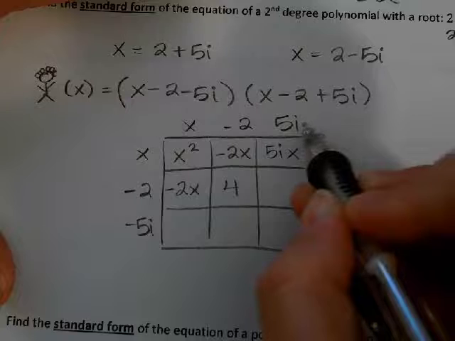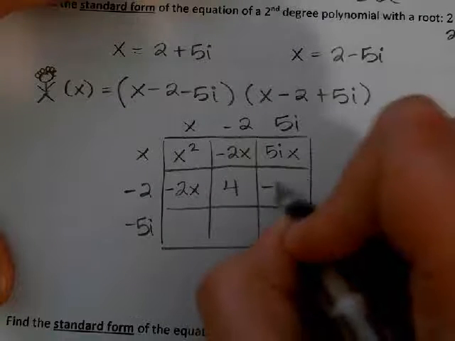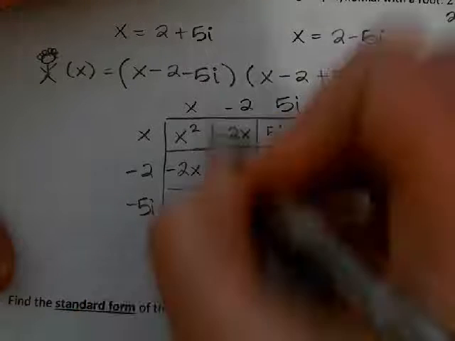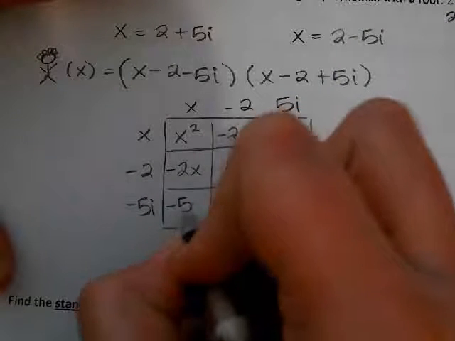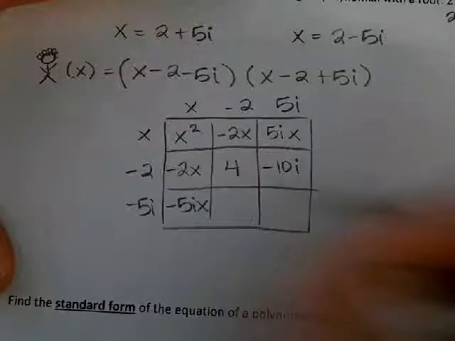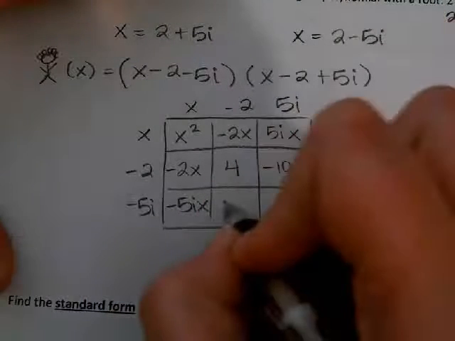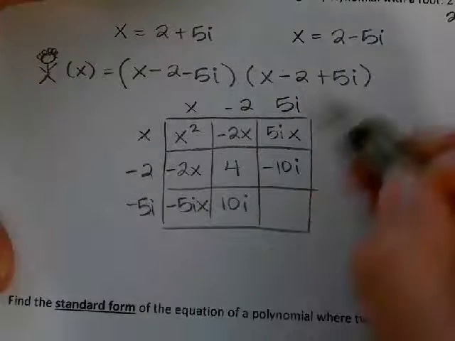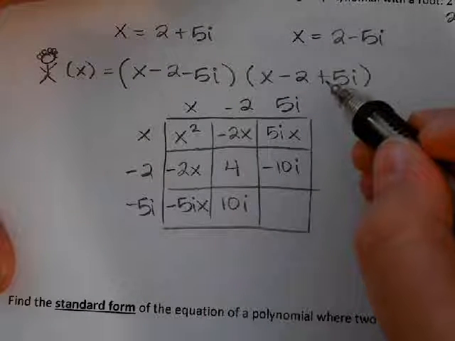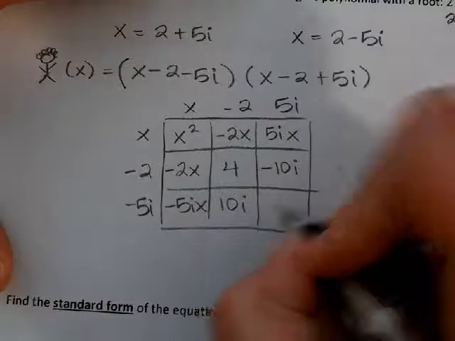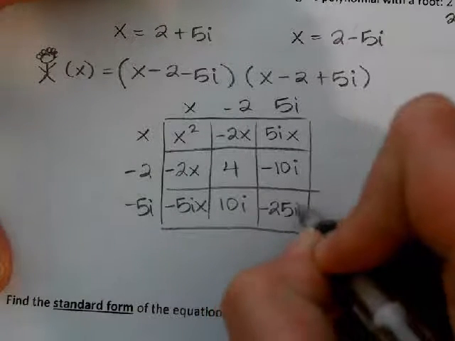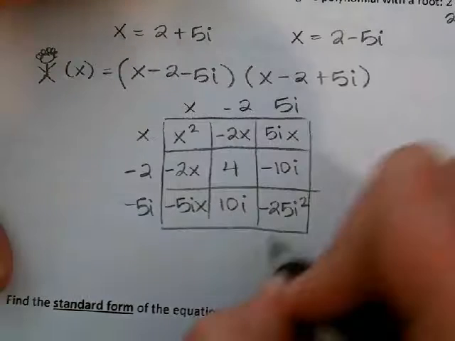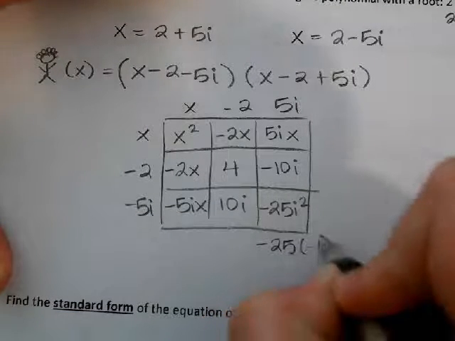Negative 5i times x is negative 5ix. Negative 5i times negative 2 is 10i. And then negative 5i times positive 5i is negative 25i squared. The i squared is negative 1, so this is negative 25 times negative 1, which is 25, so this is just 25.